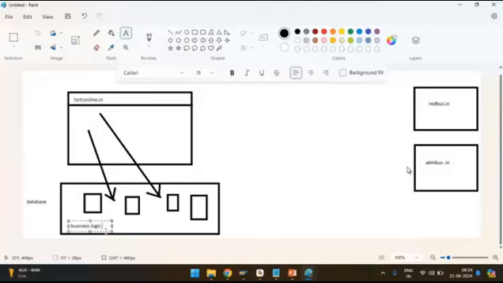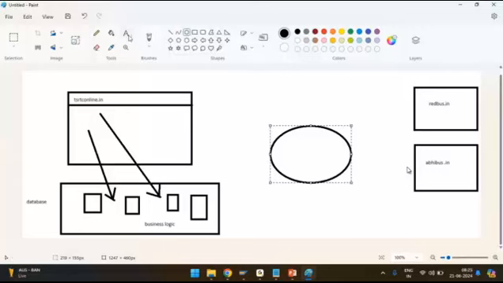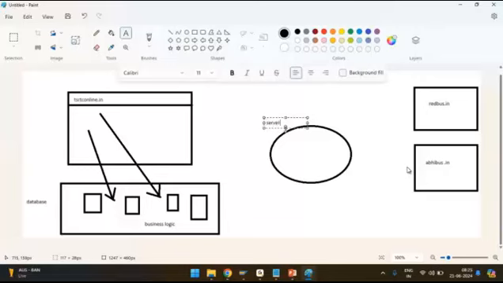They expose this business logic as web services, and they keep those web services in a separate server. This will be another server where the web services will be deployed.